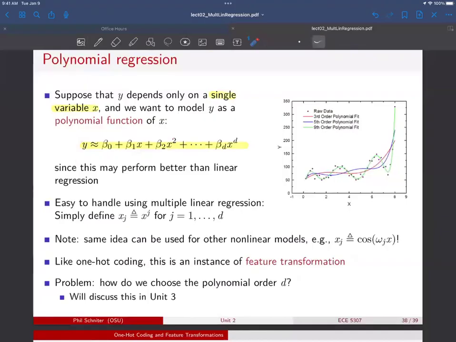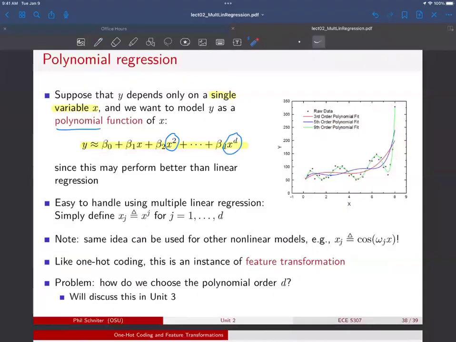Or you could say, well, why don't I add a new feature, which is going to be x squared and then x cubed and so on up to x to the power d. So this is now giving us what's called a polynomial model. And now I have a much more sophisticated way to do prediction. I have more coefficients to fit, but I can fit much more complex data sets.